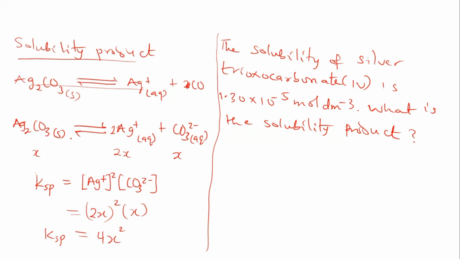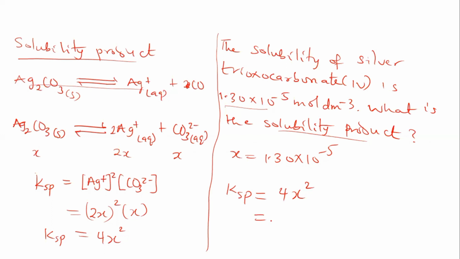You say let X be the solubility of the salt, so X has been given to you as 1.30 times 10 raised to power minus 5. The solubility product is actually the equilibrium constant for the dissolution of this salt. So therefore, the Ksp, which we have solved earlier as 4x cubed.